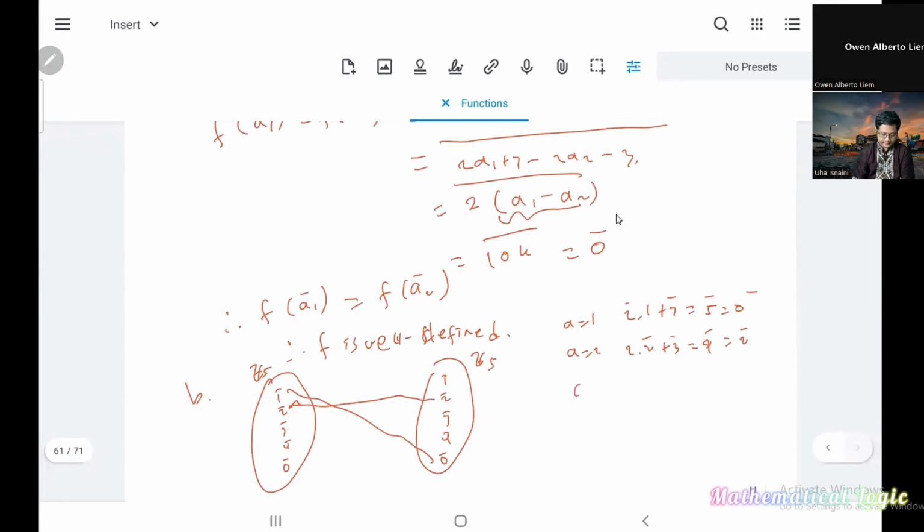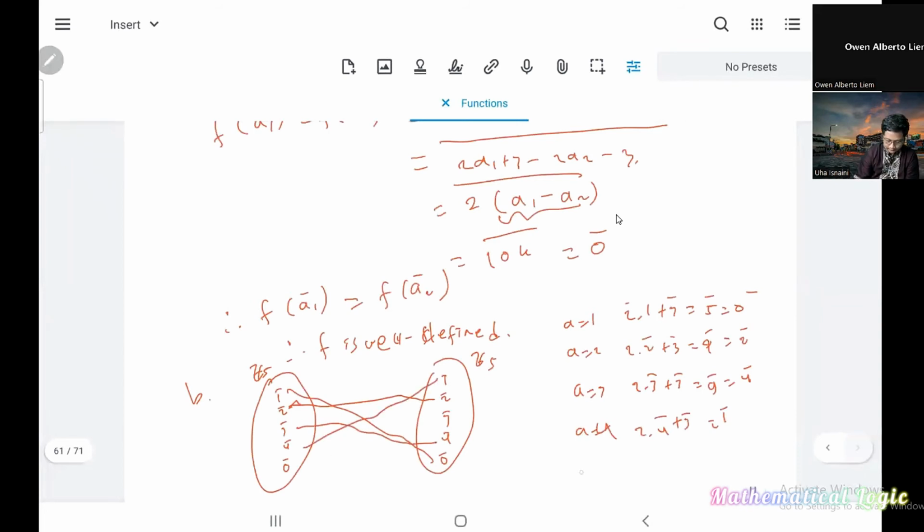A is equal to 3: 2 times 3 bar plus 3 bar gives 6 plus 3, 9. 9 is 4. So 3 goes to 4. A is equal to 4: 2 times 4 bar plus 3 bar, so 8 plus 3, 11. This one becomes 1. So 4 goes to 1.